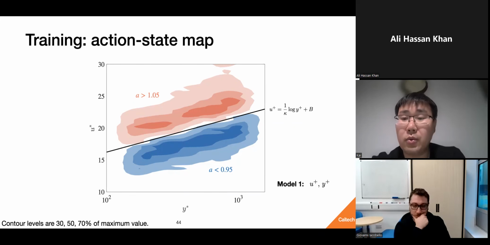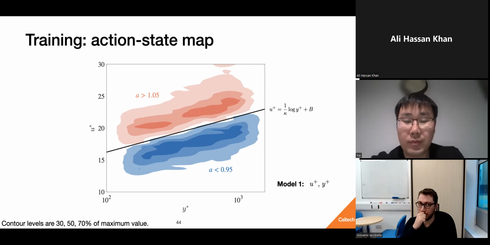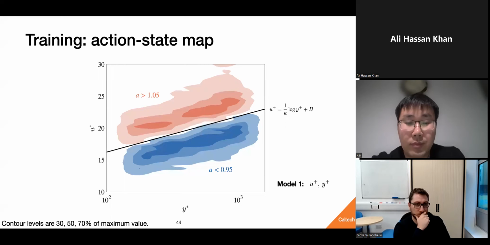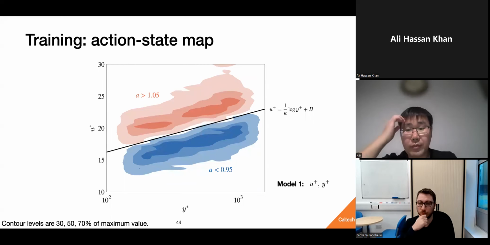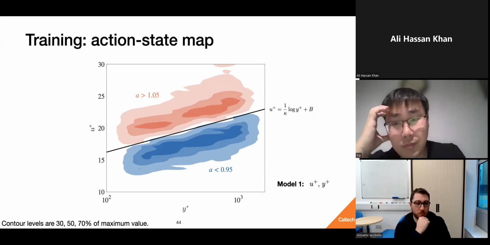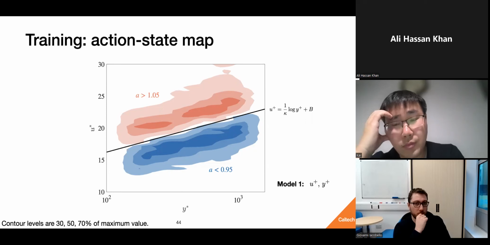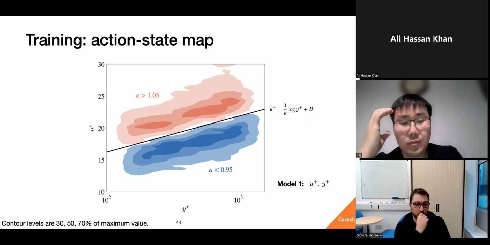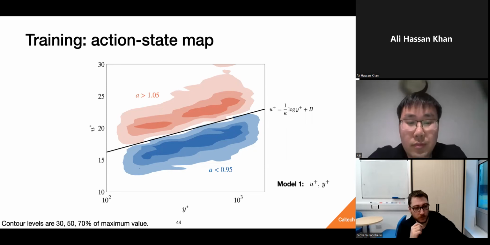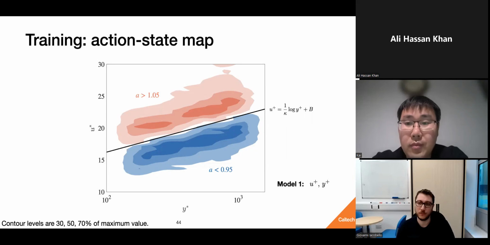Ali, I saw you raise your hand, so you can ask any question you want. All right, thank you, Professor Jain, for the nice presentation. I have a quick question. I'm a newbie to reinforcement learning, and I wanted to ask, for this model being put on top of the CFD, which tool were you using? Was it an open source framework or commercial software?